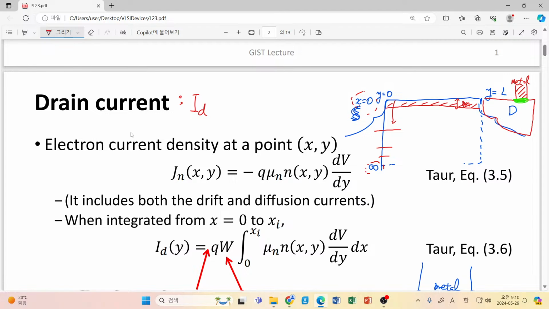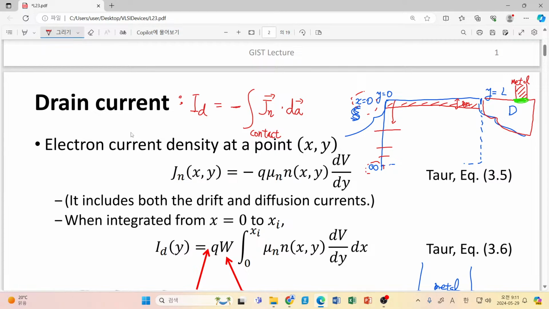So simply speaking, what we have to calculate is the drain current, which is the integration of our current density over a certain contact area. This is the contact area, meaning the drain contact, and we have to calculate this surface integral.